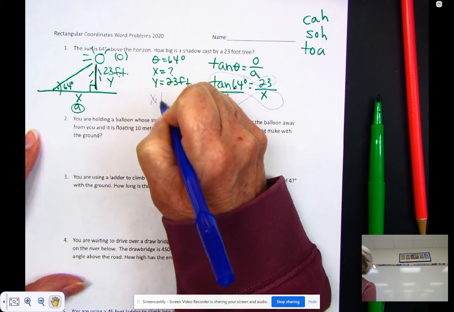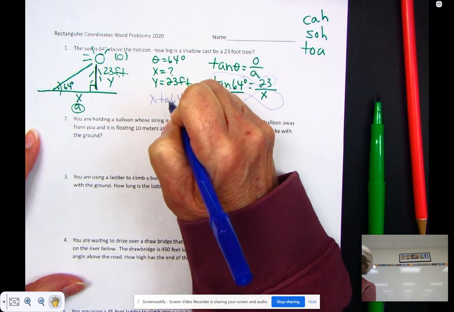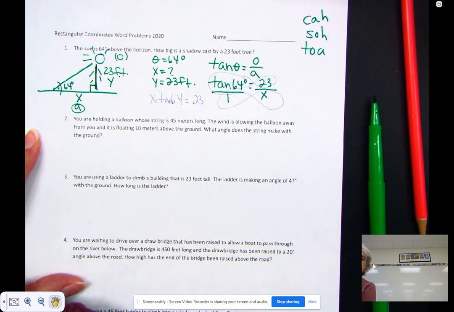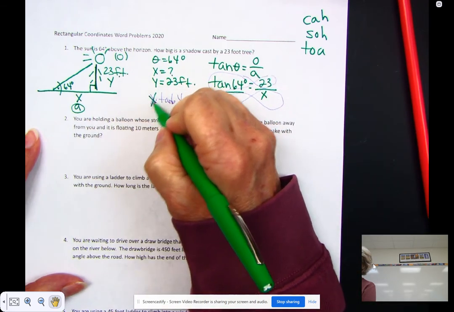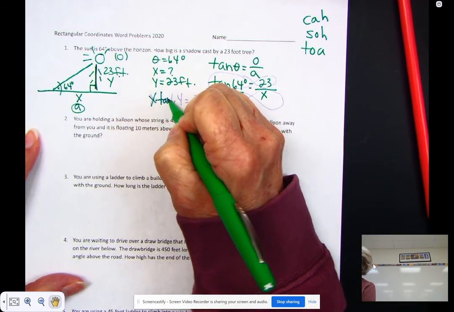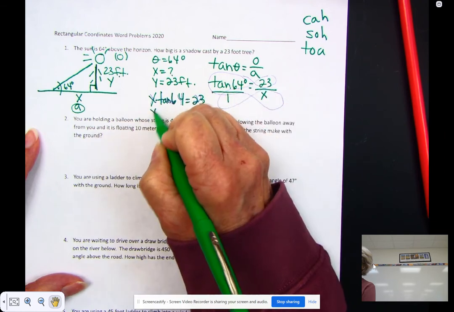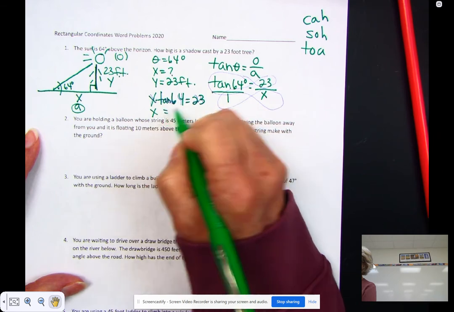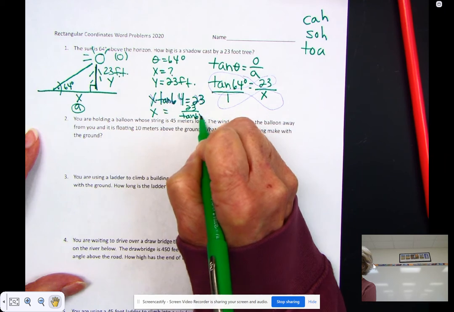X times tangent of 64 equal 23 times 1, which is just 23. And then I think people understand a little more easily how to rearrange that. And so the math becomes divide both sides by tan of 64. That's going to be 23 divided by tan of 64.